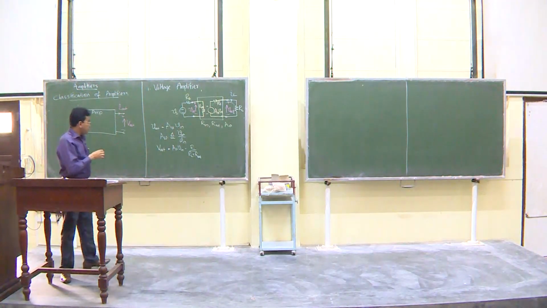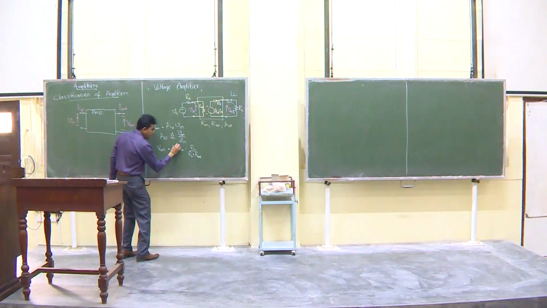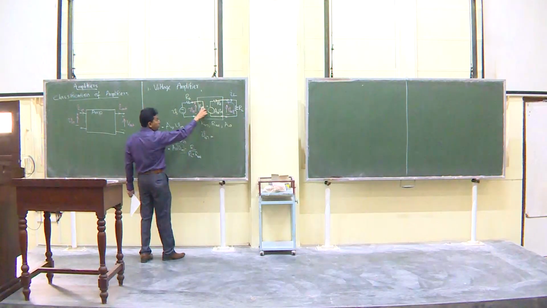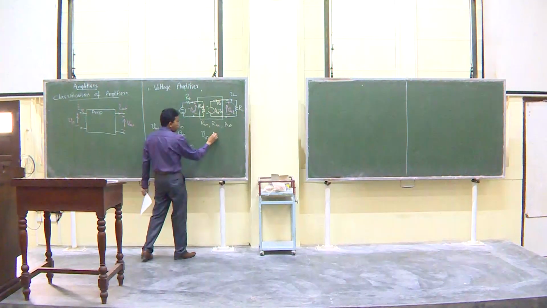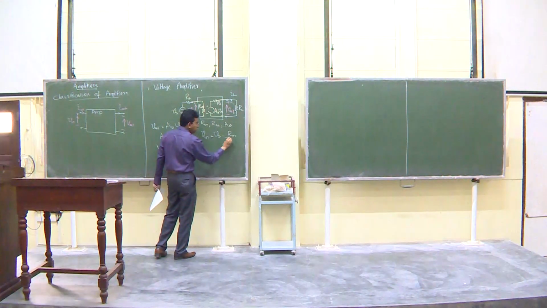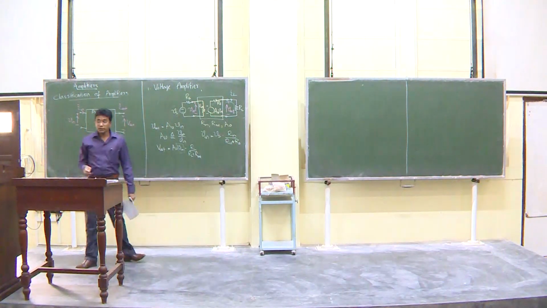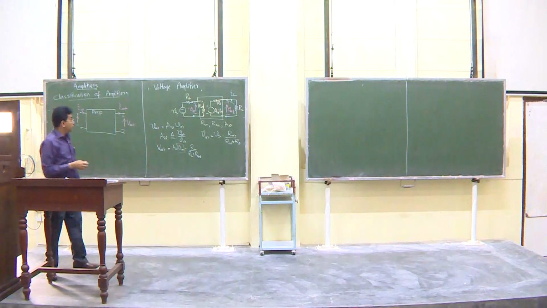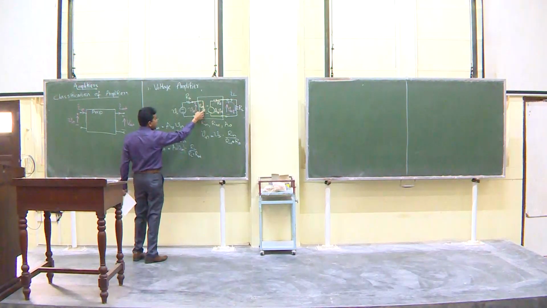V in, the voltage across R in, is equal to Vs times R in over R in plus Rs. Is it clear?